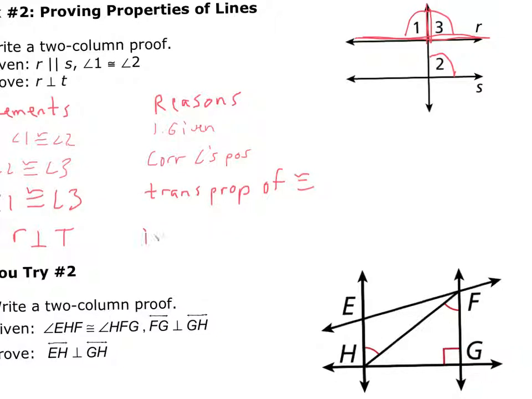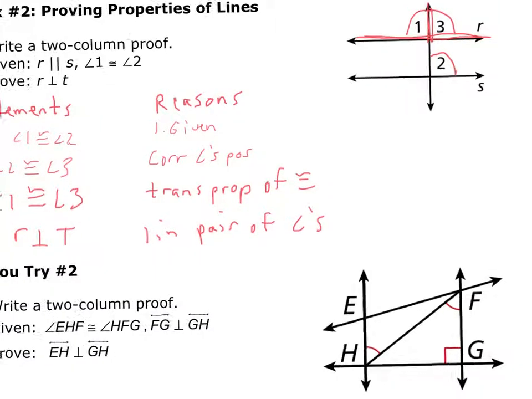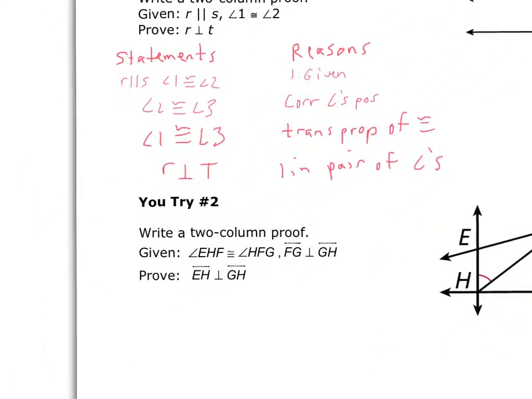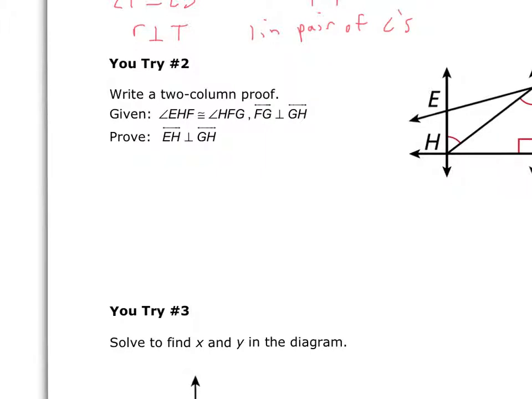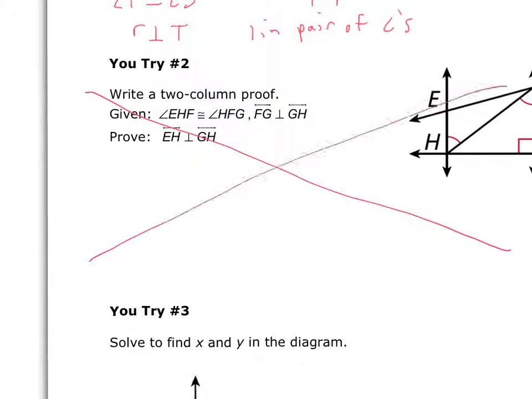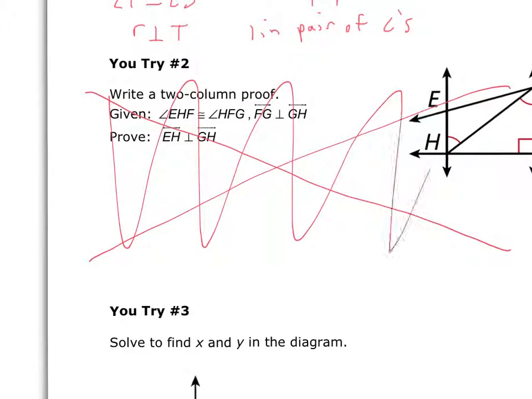So I'm just going to put linear pair of angles. Okay, I know this is challenging. Just kind of go with it. We're going to skip you try number 2. I don't feel like it's really necessary for you to learn proofs that are that difficult. So you don't need to do this one.